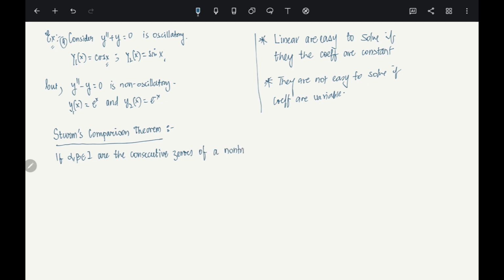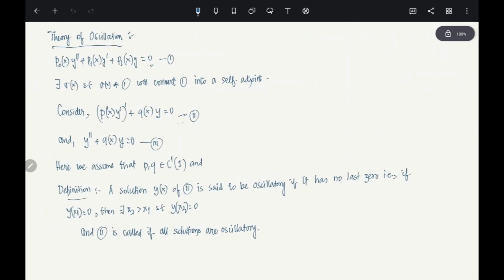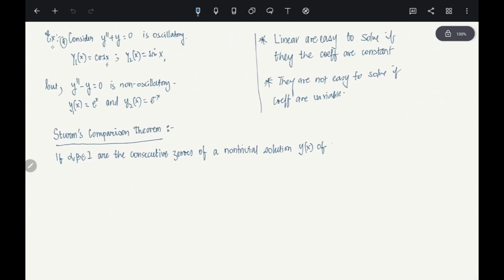Of course non-trivial solution, because if it is the trivial solution, then every number is a zero, so it doesn't matter. Please remember, we are talking about this equation 3, not 2. For now let's just look at 3, and then we will talk about what happens in 2.